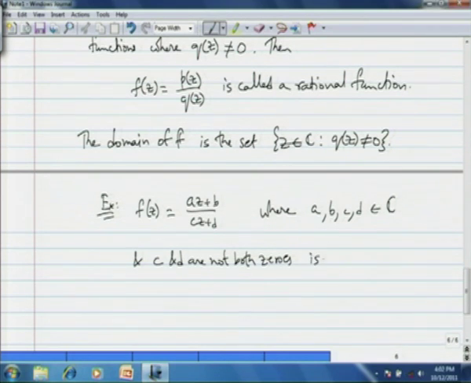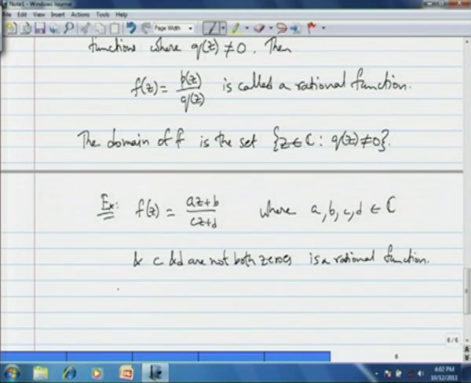Okay. Is a rational function. Okay. And these are called linear fractional transformations. The word transformations, we will see why that is being used. Okay. And under the condition that a d minus b c is not equal to 0, we will give them a name called a Mobius transformation, and we will study their properties in detail later.